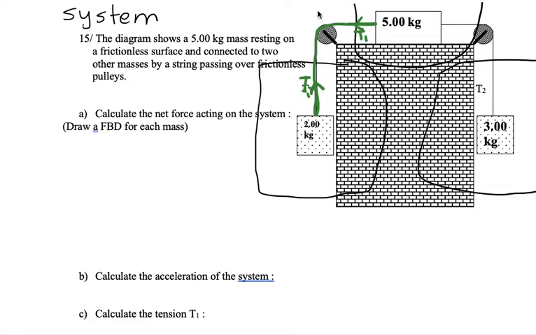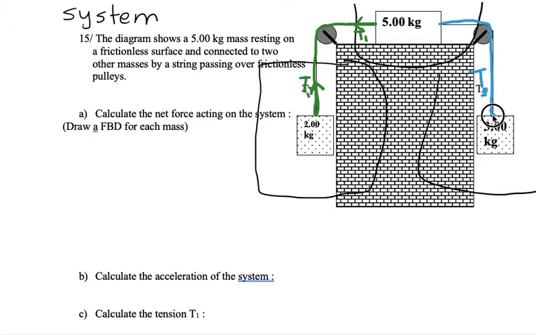Let's look at the other rope. Since this is all one piece of rope which is connected to two masses, sorry, I'm going to fix that. That is one rope, and the tension on that rope is labeled T2.